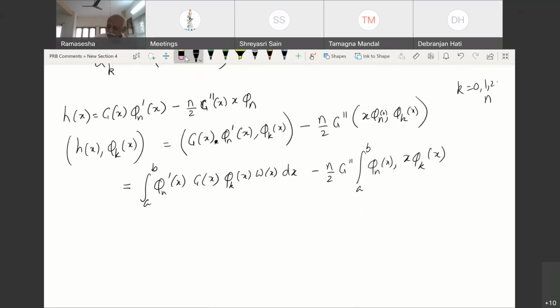So I can actually write it as integral a to b. Okay, so integrate the first term by parts. When I integrate by parts, I will get p n and d by dx of g of x, w of x, p k of x dx.